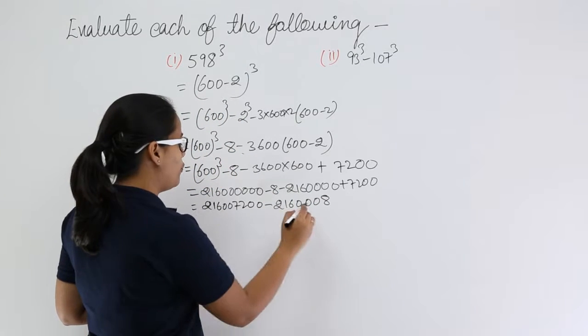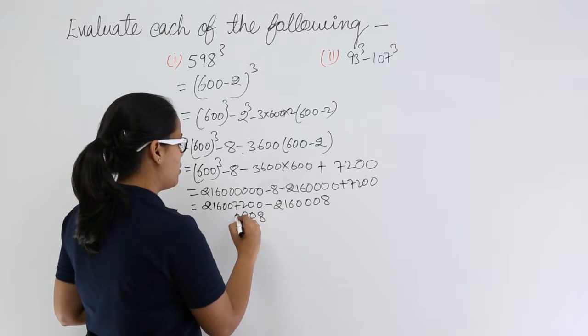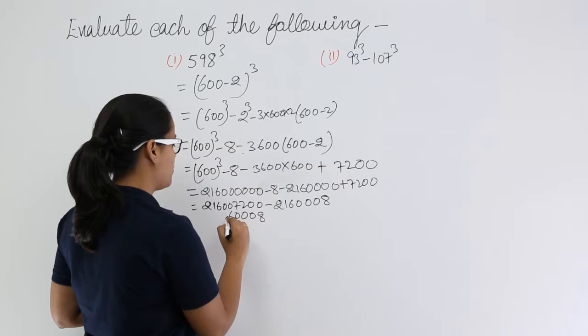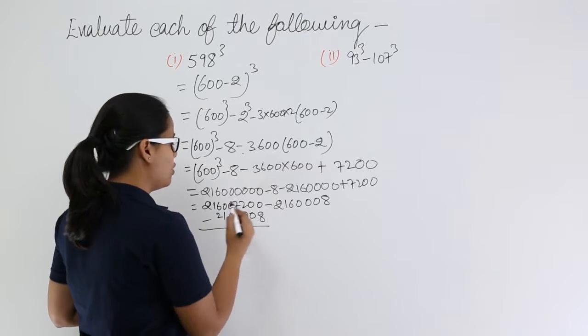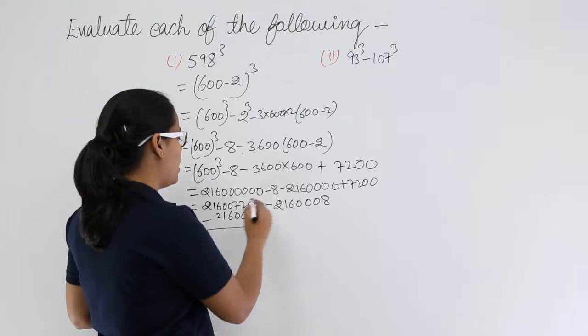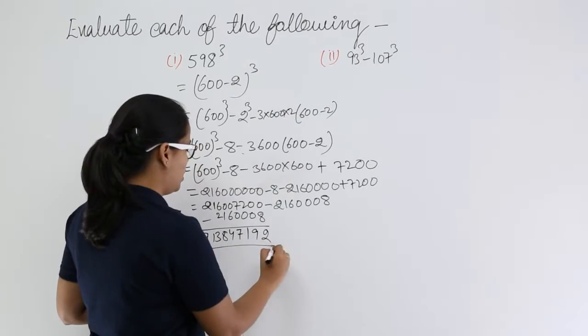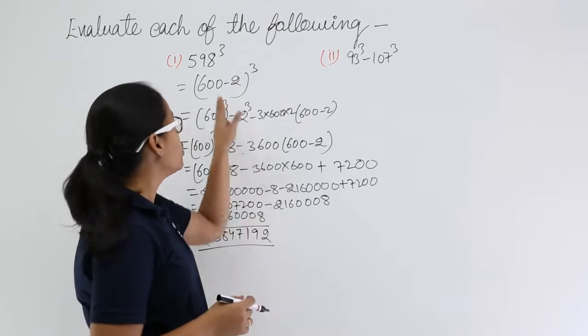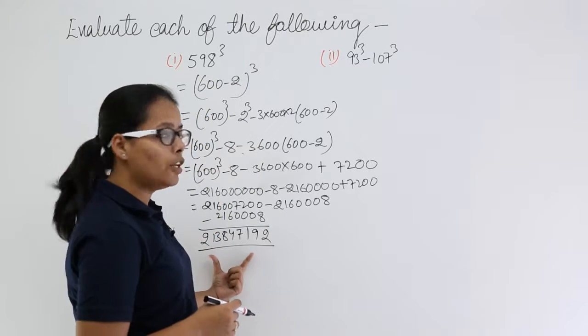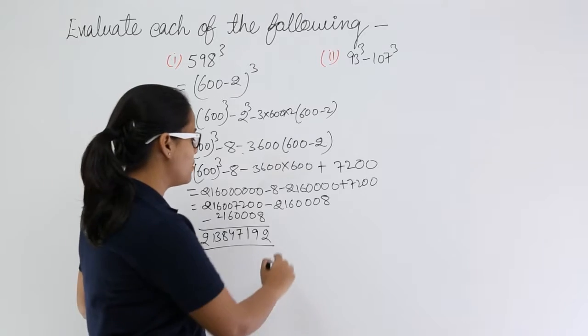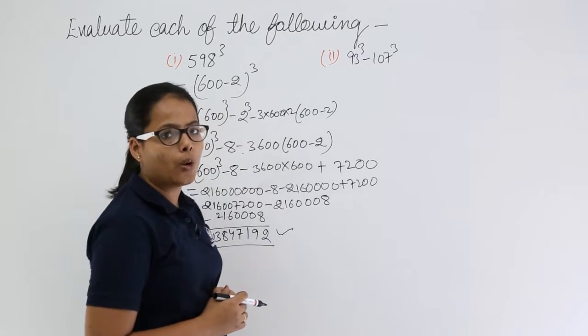So to get the value for this, you'll subtract, and after subtraction, this will be your result. So the value for 598 cube will be this. I hope there should be no doubt here.